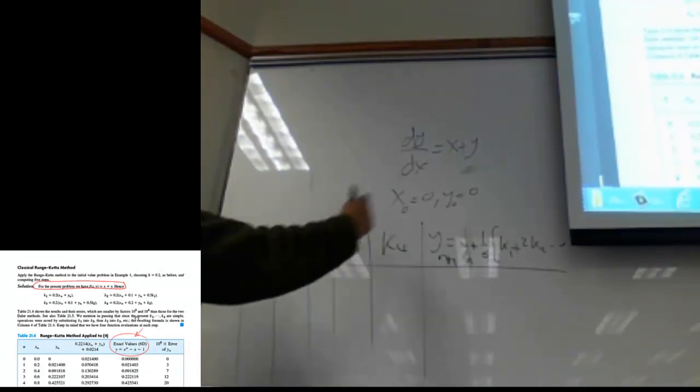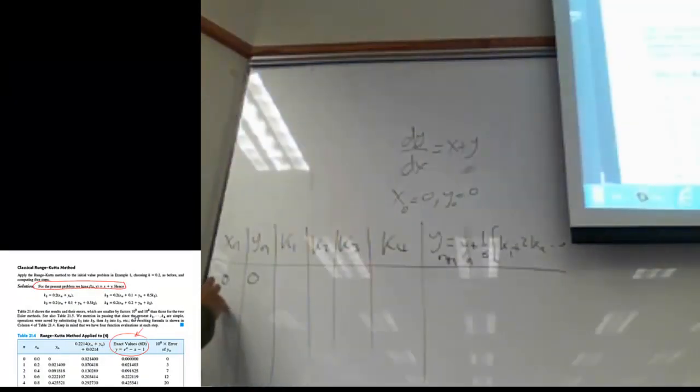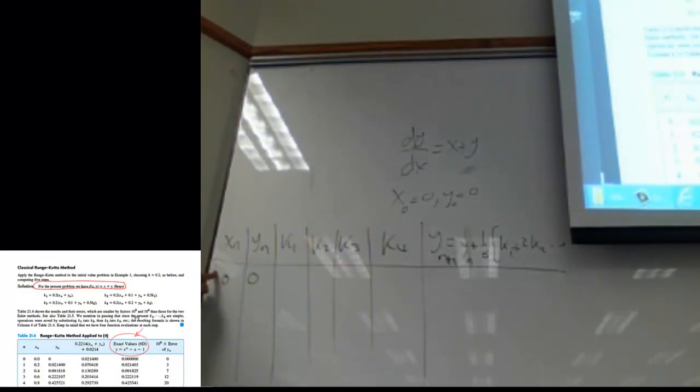Right? And he said h is, how much is the h? 0.2. So if x1 is 0, what's the next x? 0.2 and then 0.4 and then 0.6, and we keep going until we hit the final result that he wants.